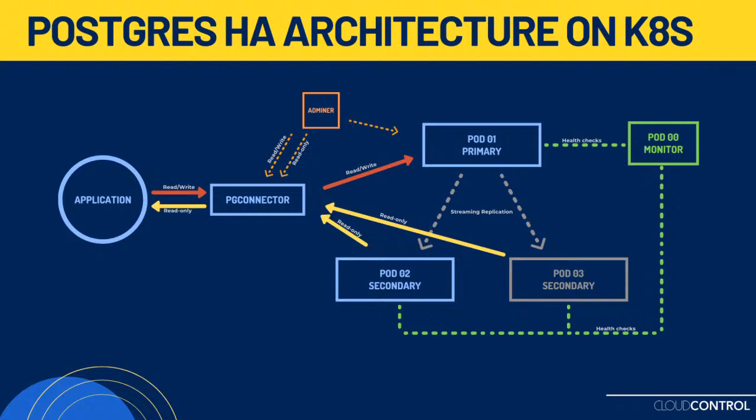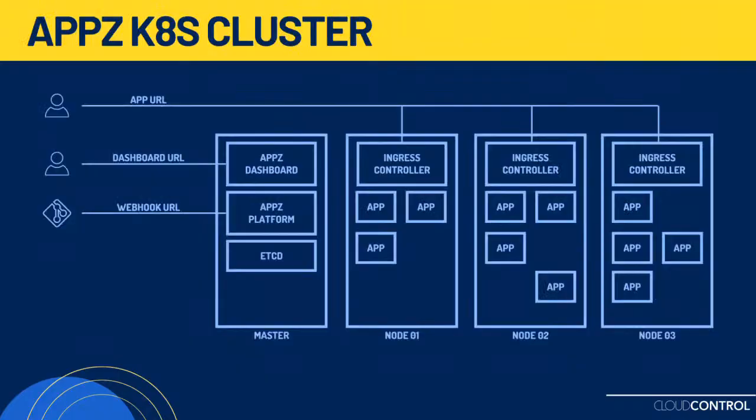Okay, so now let's go into the cluster, and then we will jump to the demo. Let's talk about the cluster that we are deploying to. As you can see, there are four VMs. This could be bare metal. It is running the MicroK8s version of Kubernetes, which is our preferred platform.